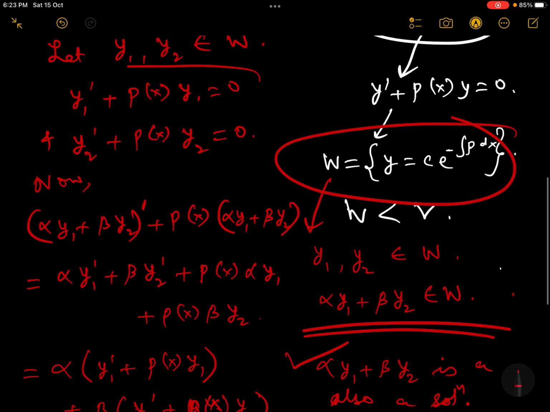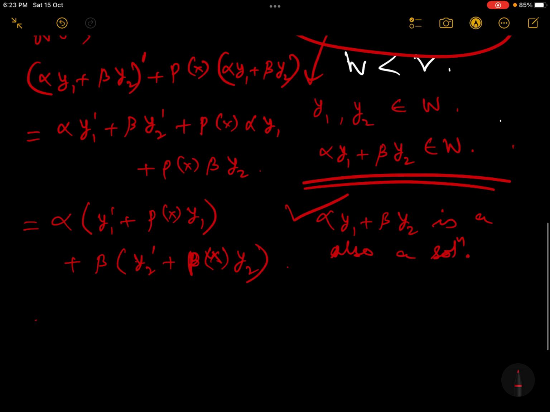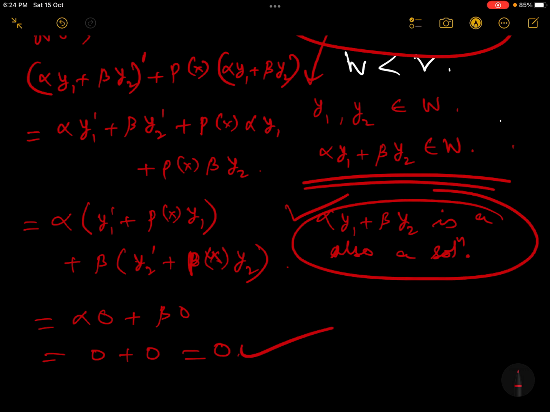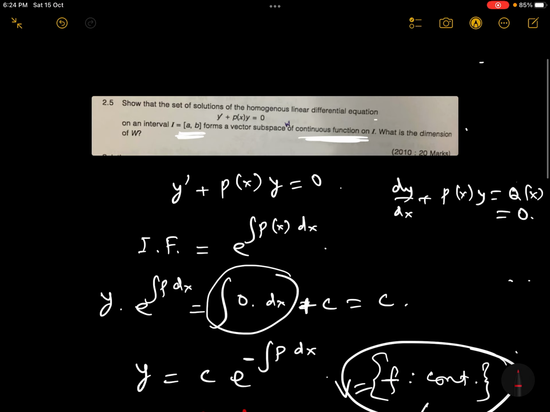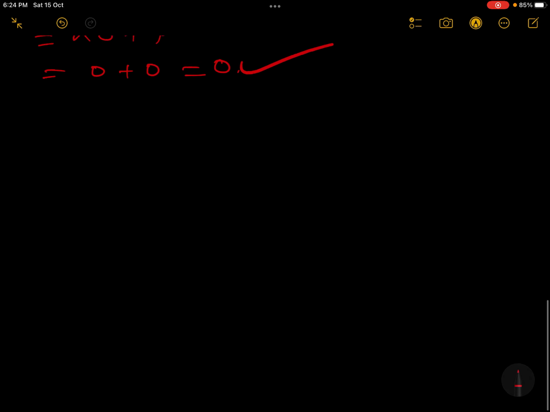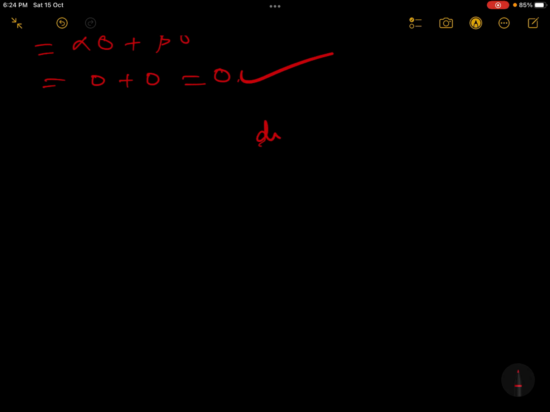From these two equations we have shown that each is 0. So alpha into 0 plus beta into 0, any real number into 0 is 0, plus 0. Okay, this is 0. Since this is 0, this is also a solution. So W is a vector space. This much we know. If this is a vector space, then what is left for us to solve? Okay, what is the dimension? Dimension of a vector space is the number of basis elements.